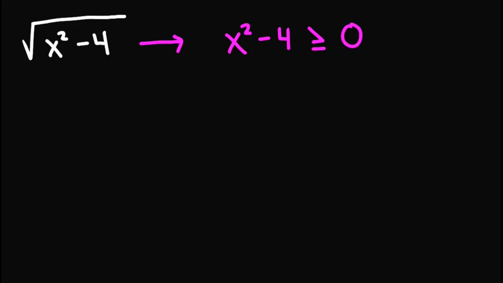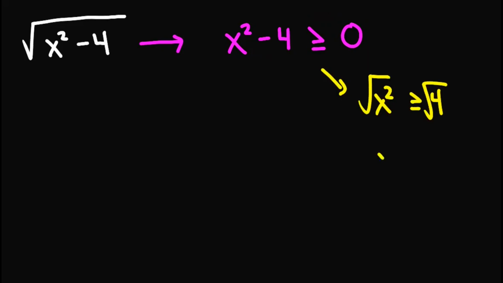And now if we treat this like equations, we have two ways to solve this. Either we factor this one, or we move this one out here. But note that if we move this one out here, just a quick scratch out here, we'll have x squared is greater than or equal to 4. Then get the square root of both sides.